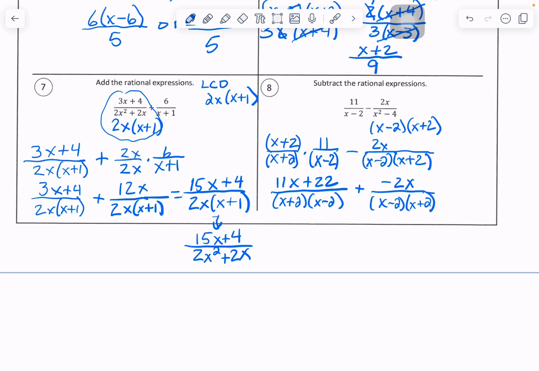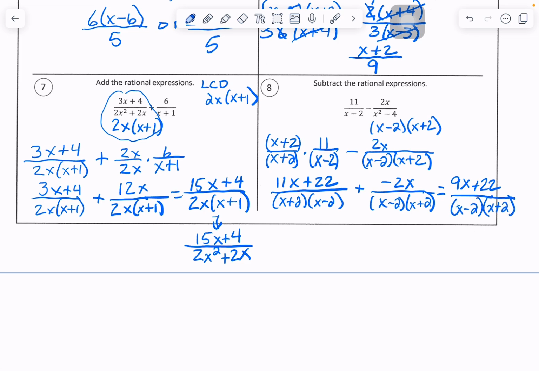All right, so keep, change, opposite, right? So in the numerator, we changed the minus to plus, and we distribute the negative 1 to 2x. Now, 11x minus 2x is 9x plus 22 over x minus 2, x plus 2.